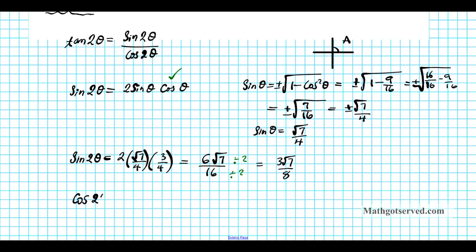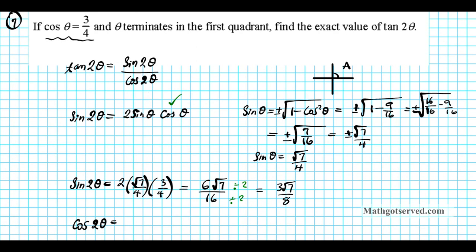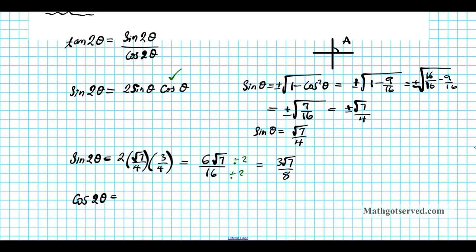Cosine 2 theta, there are 3 variations for cosine 2 theta, but since we're given cosine theta, I'm going to use the identity that is dependent solely on cosine for accuracy reasons. So I'm going to use the identity 2 cosine squared theta minus 1. So that's going to give me 2 times cosine theta, which is 3 over 4, squared, minus 1.